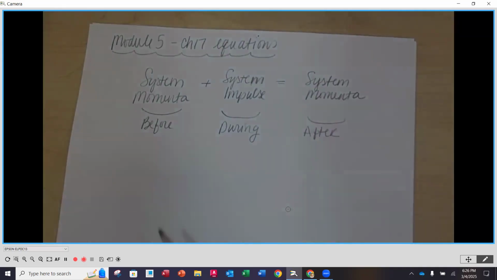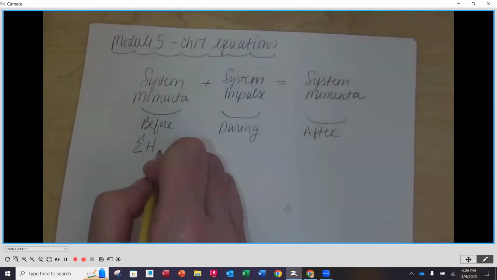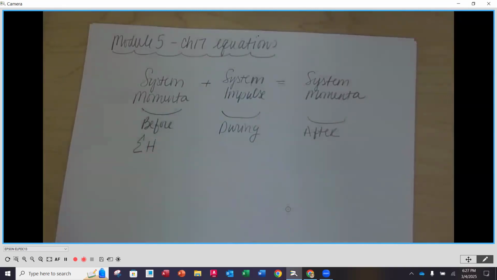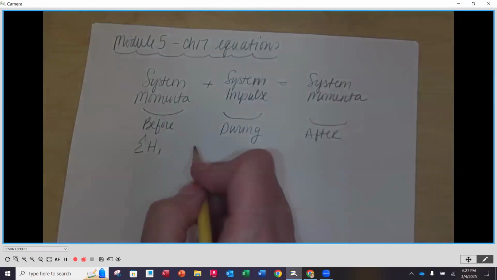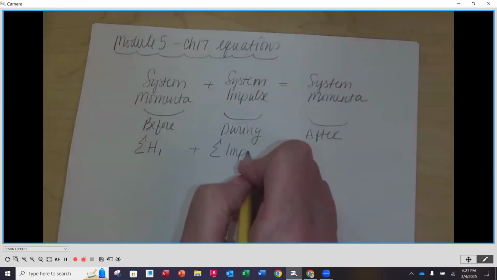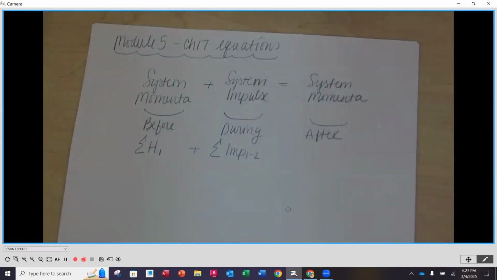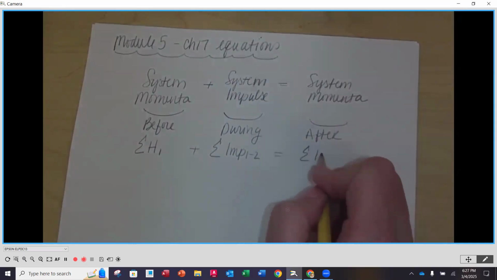So we can say that we're going to sum the angular momentum, which is H, and we're going to call that H1. We use capital H in this book. Plus, we're going to sum the impulse that occurs from condition 1 to 2, or before to after. And that's going to be equal to the angular momentum after.